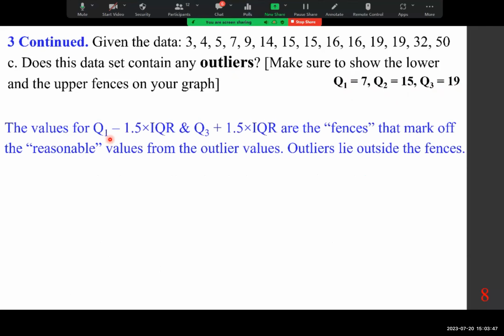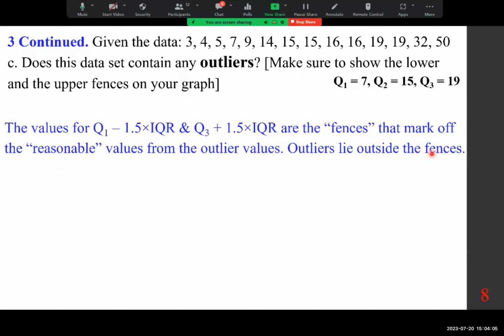The values for Q sub 1 minus 1.5 times IQR and Q sub 3 plus 1.5 times IQR are called the fences that mark off the reasonable values from the outlier values. Outliers lie outside the fences.